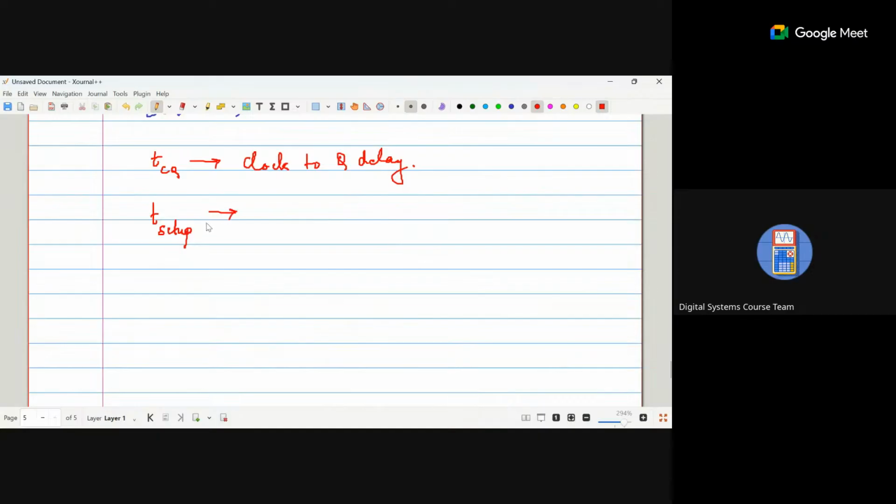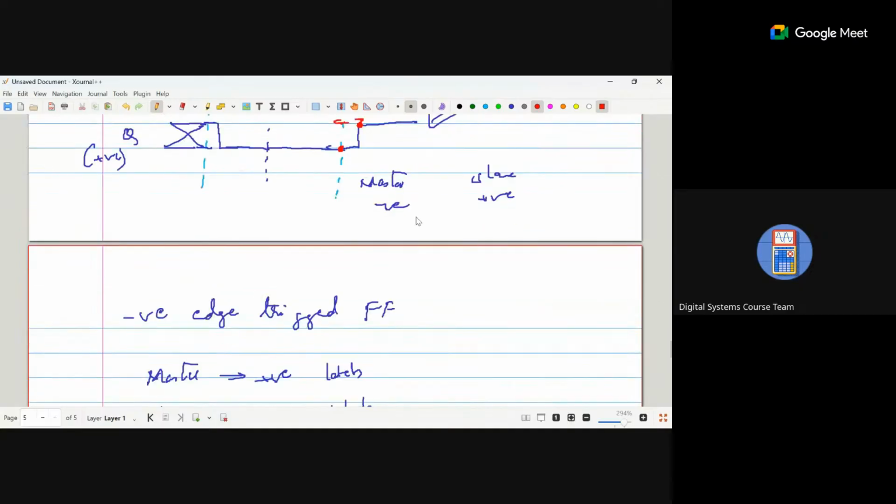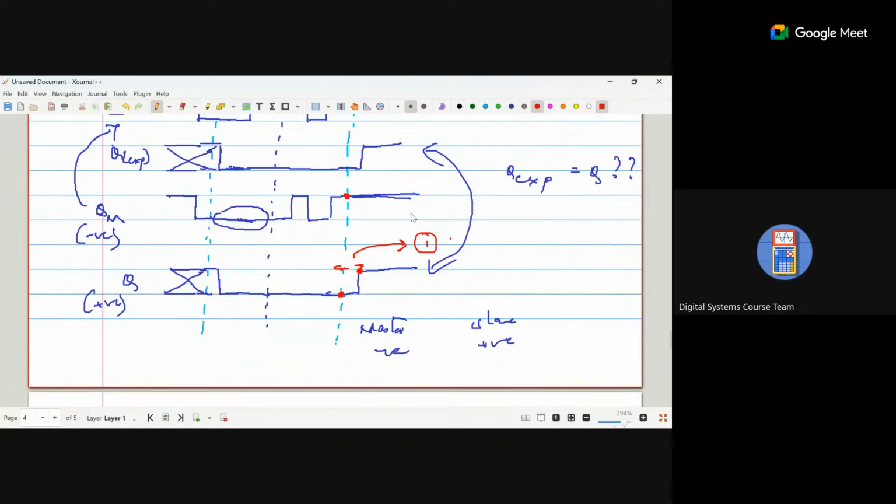What it is, is the minimum time before the sampling edge. So what is a sampling edge? A sampling edge is something which stays in the same position without changing the output. If you see, this is a sampling edge, and it will stay at the same output which was in the earlier state.